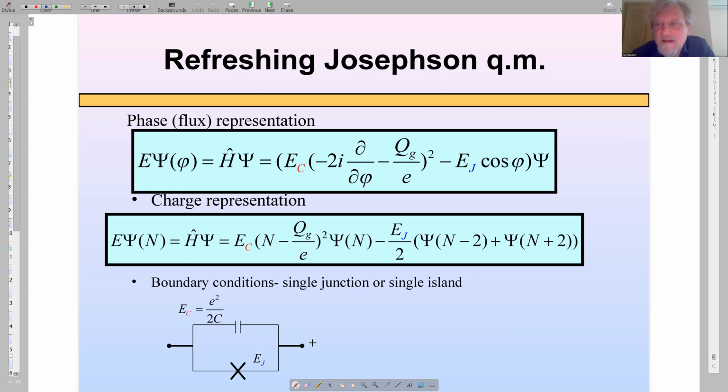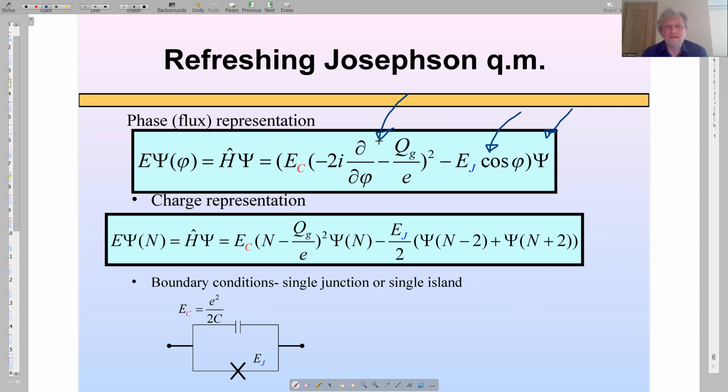One can look at the wave function as a function of phase, the superconducting phase of the Josephson contact. Then the Josephson energy looks like a potential energy, and Coulomb energy looks like kinetic energy in this quantum operator. So it's like a particle in a parabolic potential.